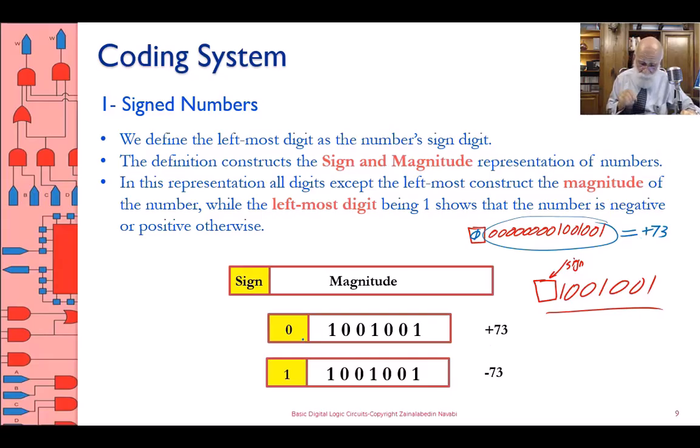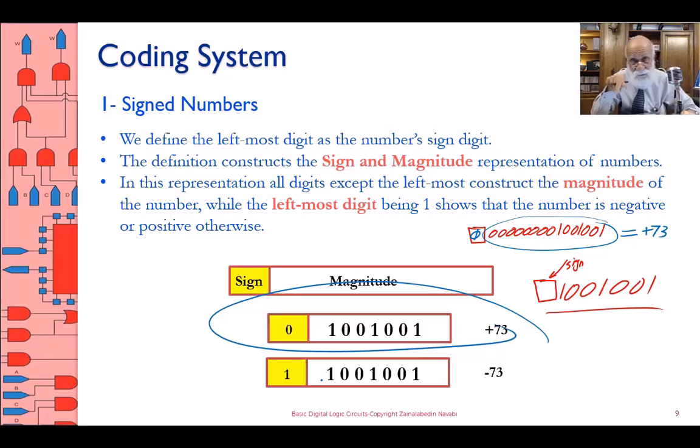What I have here shown is plus 73, again plus 73 in 8-bit sign and magnitude representation, and the one below that is minus 73 in sign and magnitude representation. Okay? And if you want to know the magnitude, just convert it to binary, and this is all you need to do.